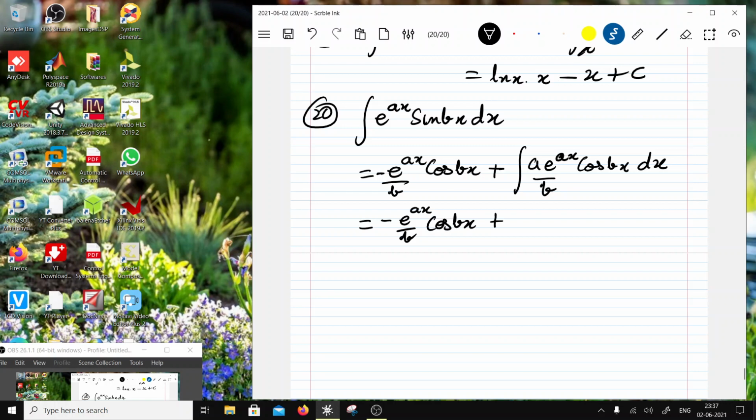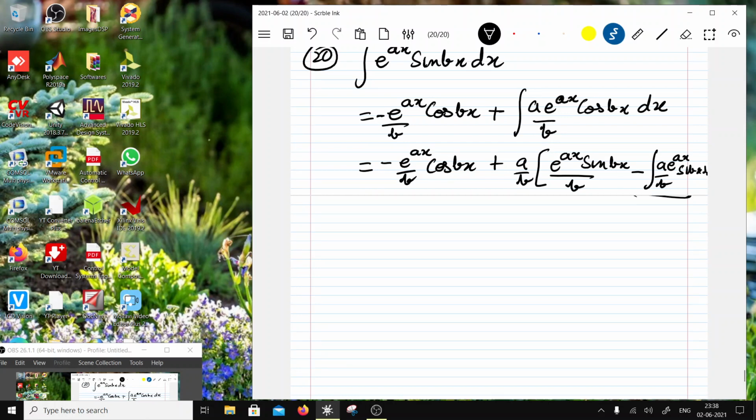The second part will be a by b common, first term into integral of second term minus integral of derivative of first term, integral of second term, sine of bx dx. Okay, so now I can take this term on the left hand side.